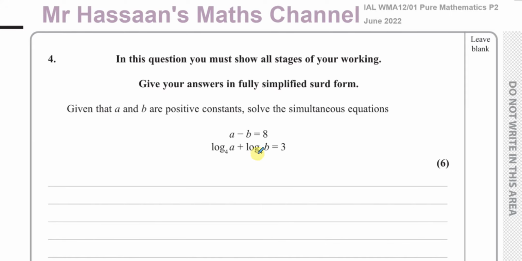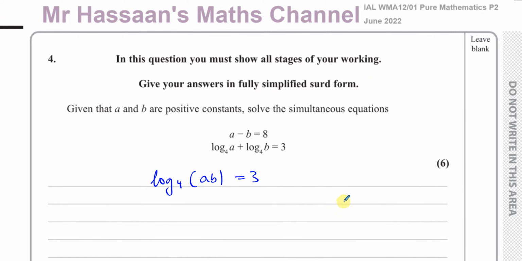They have the same base, so it's pretty simple. We just use the law of logarithms with addition, where we combine these together as a product. So we say log to the base 4 of a times b is equal to 3.